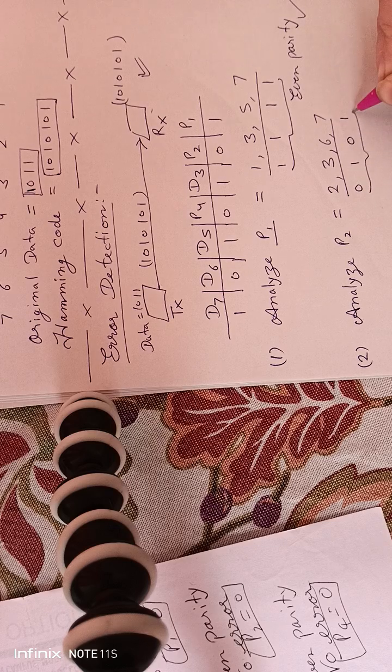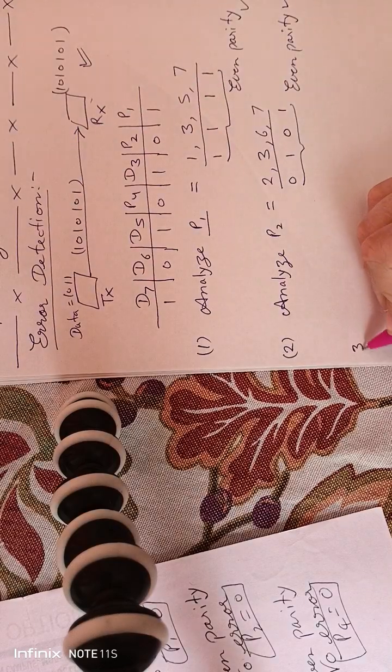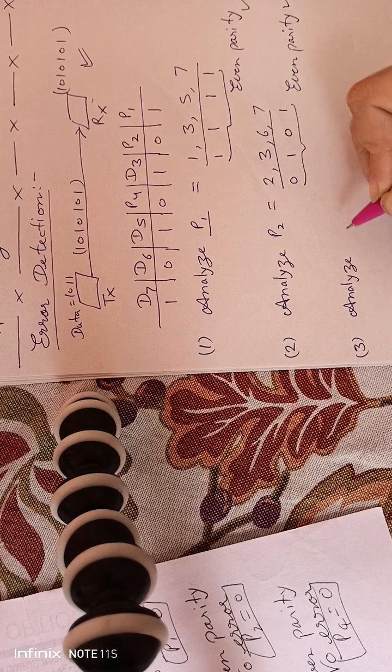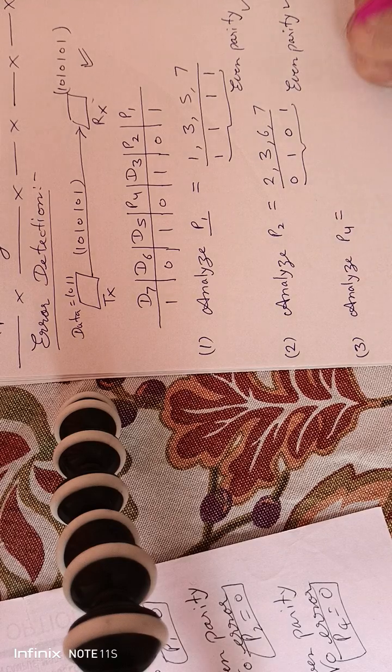Now again you can observe, again we have even parity. So data is right. Now we'll perform the same operation again for the next parity, that is P4.